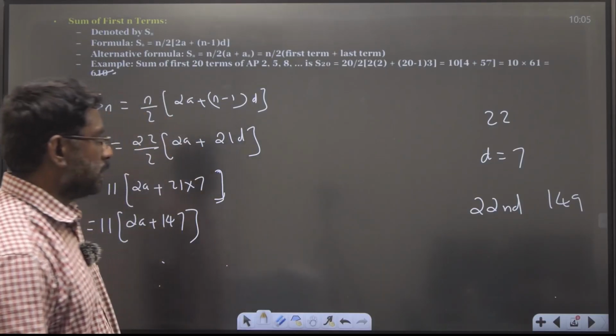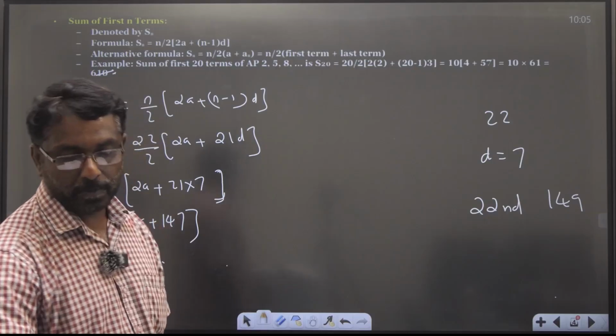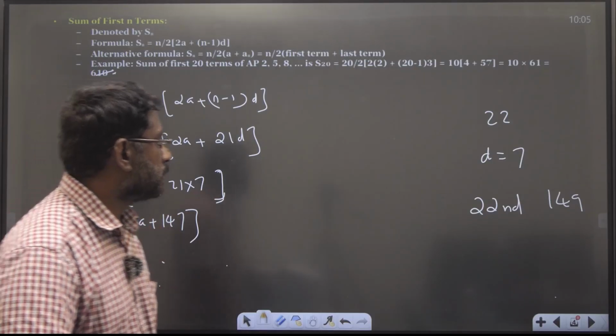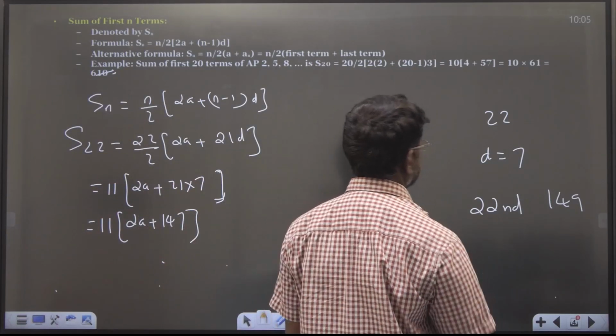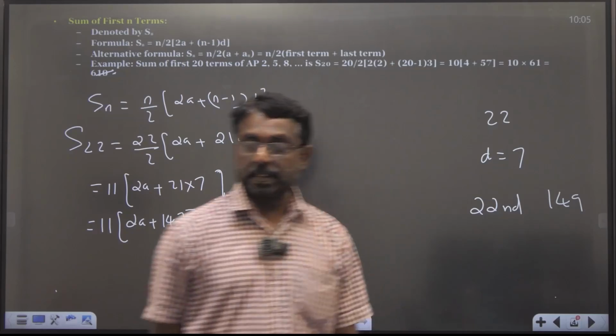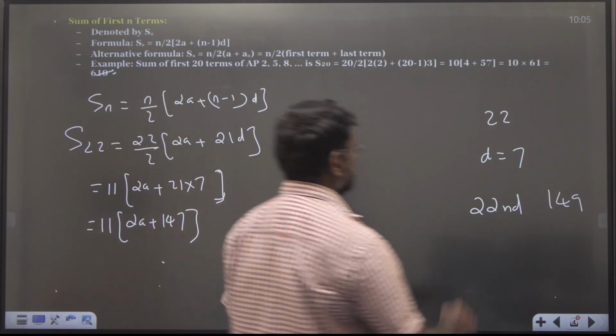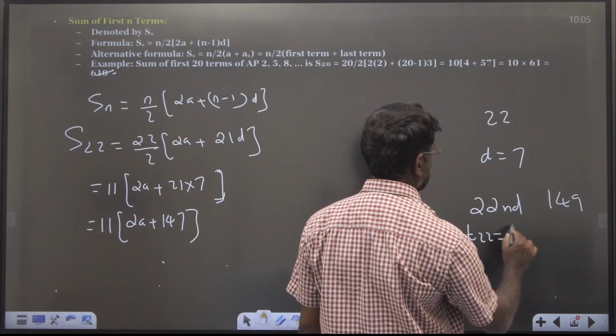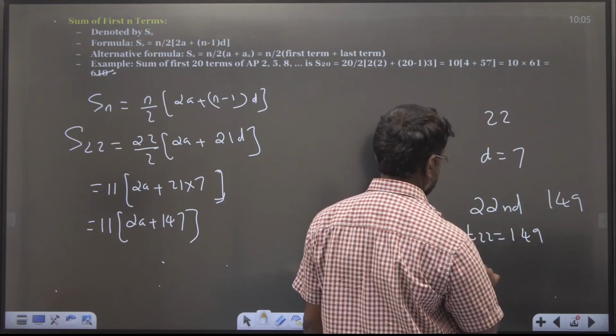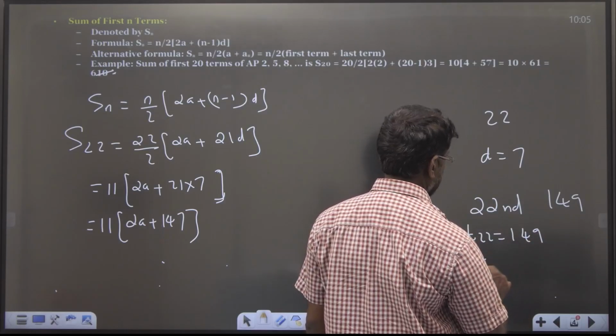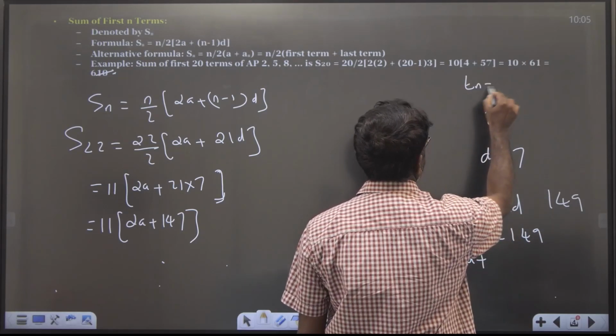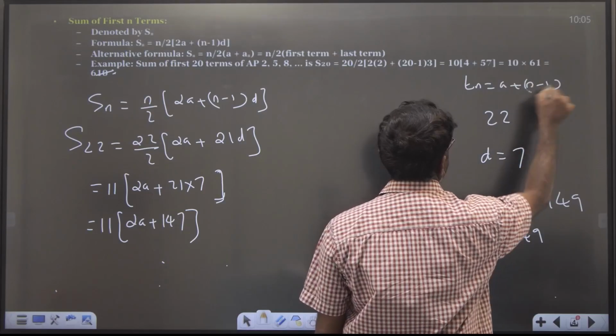a is not given, but one condition is given: the 22nd term is 149. T22 is 149. What is Tn? Tn is equal to a plus n minus 1 into d.